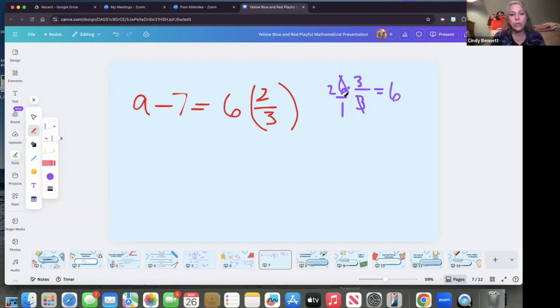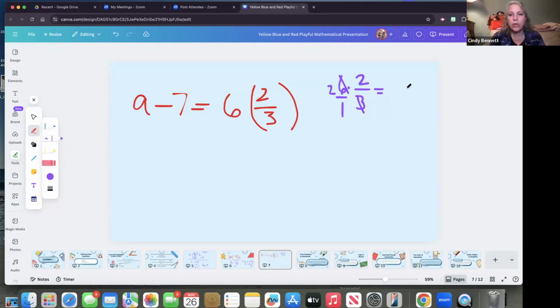Okay, so 6 times 2/3 is, what did I do wrong? Okay, I put a 2 there. Okay, that is incorrect. I have to change this to a 2. Okay, so that's going to be 4.